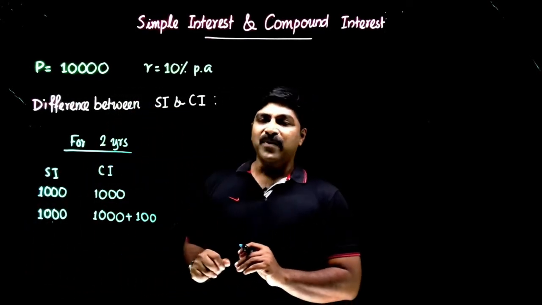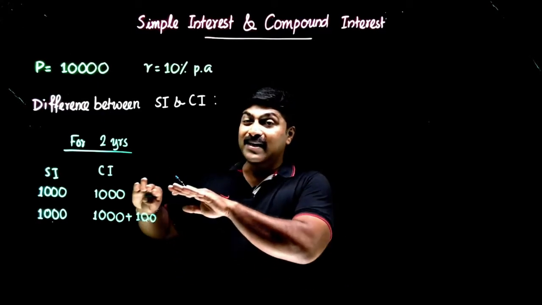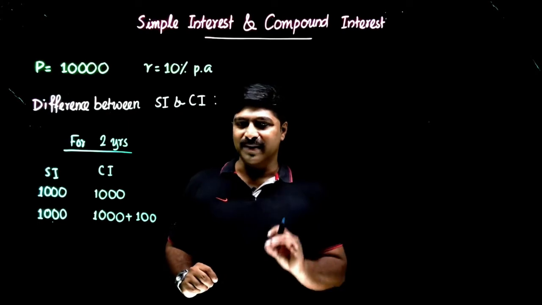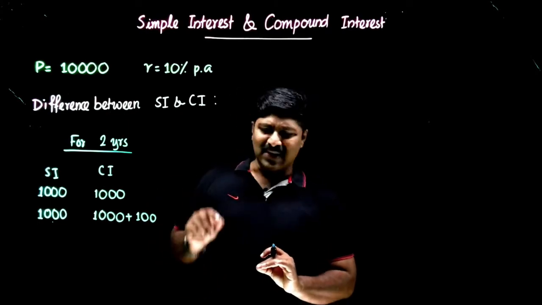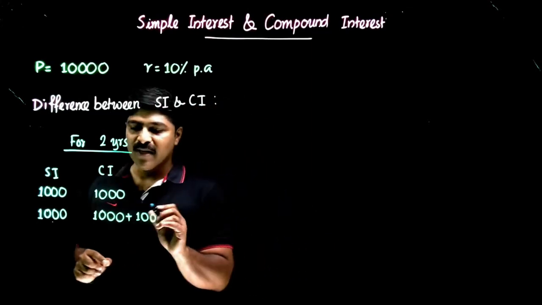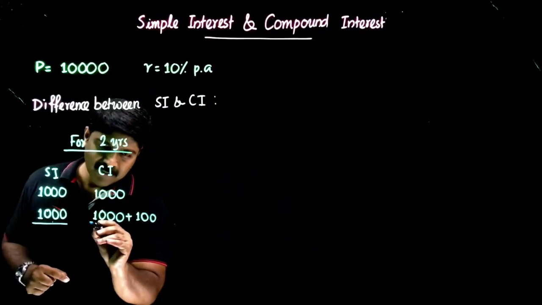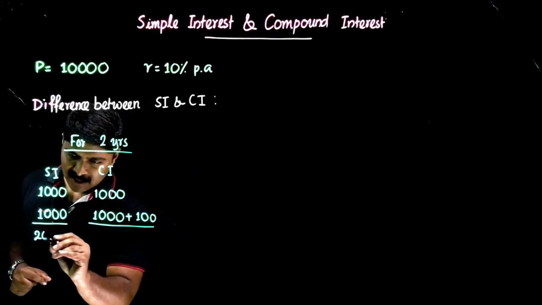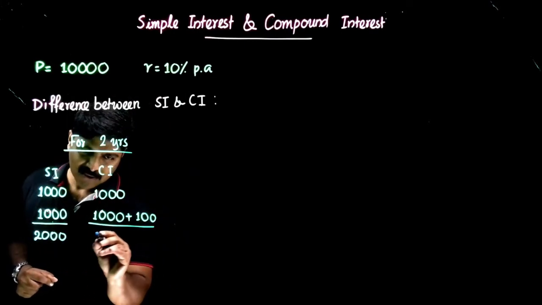So here we have to find out the net difference between simple interest and compound interest for 2 years. You can easily find that difference. That difference is nothing but this, while we are adding both the quantities together. This is a net amount of 2,000.